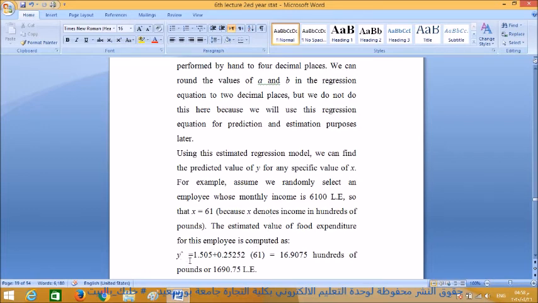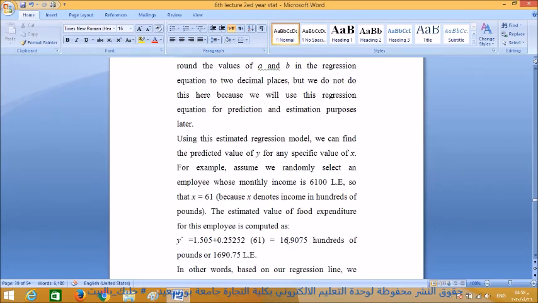In this case a equals 1.5, b equals 0.25 and x equals 61, then y hat equals 16.9 hundreds of pounds, or 1690.